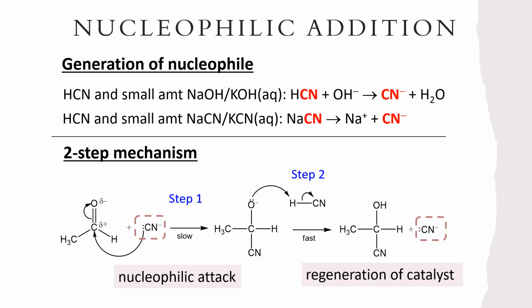This explains why only a small amount of CN- is required for the reaction. For presenting the mechanisms of nucleophilic addition, note that you must present the relevant method used to generate the nucleophile on top of this two-step mechanism.